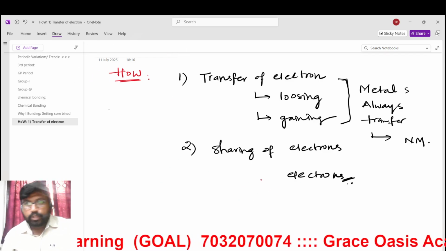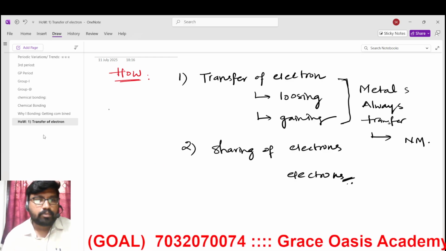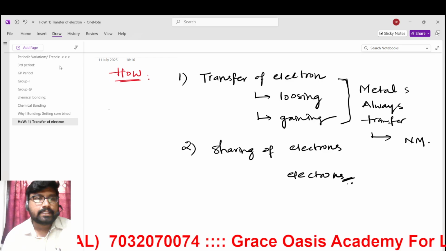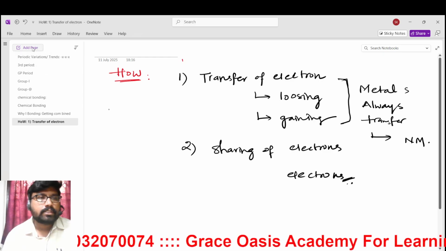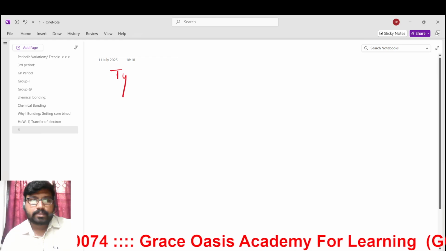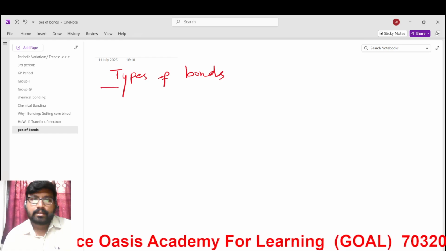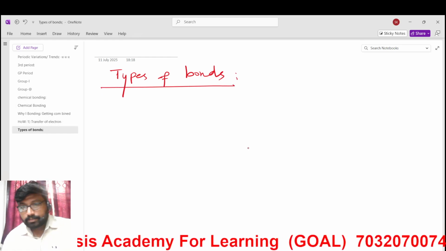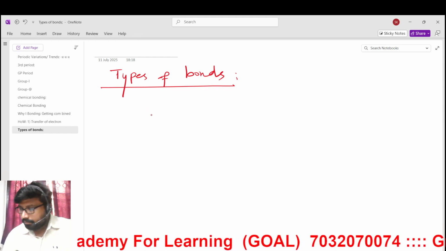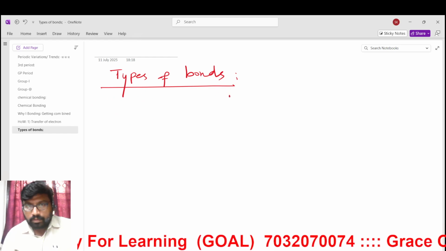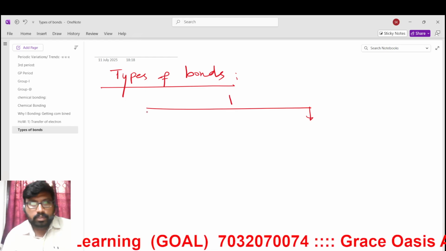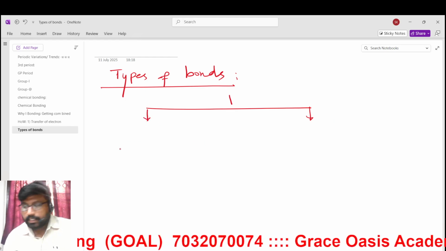Types of bonds. How many types of bonds do we have? At our level, these are important.